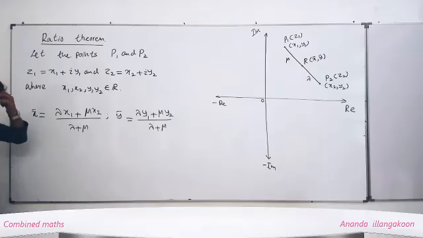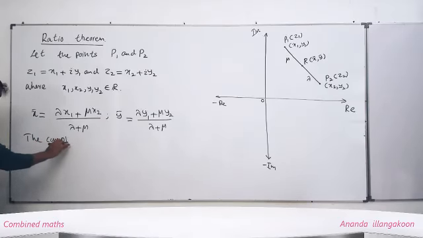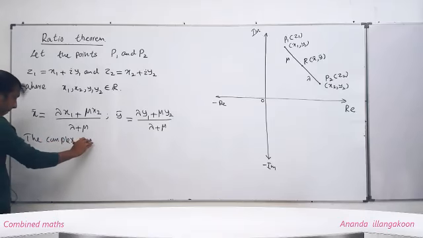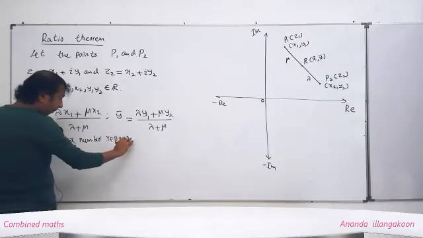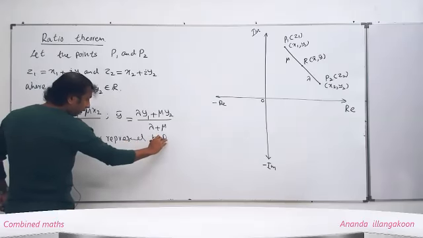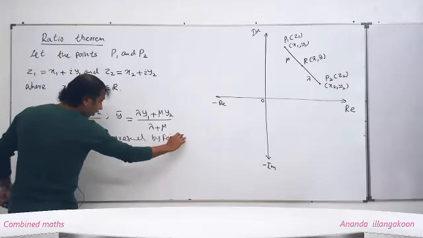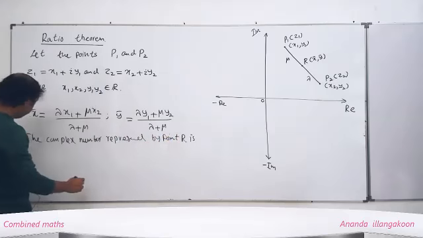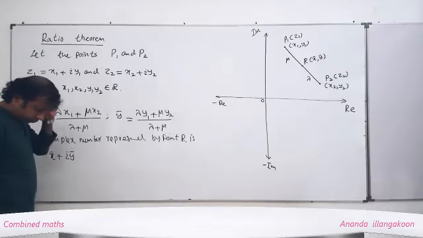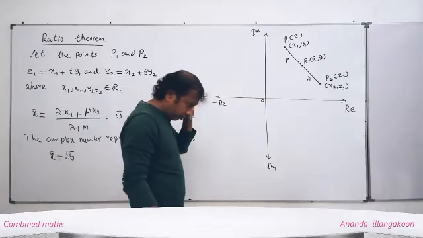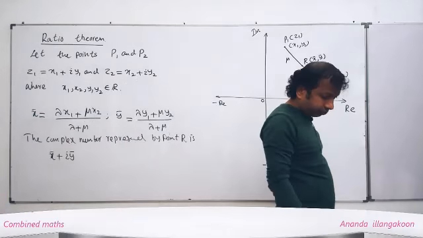Now you can write the complex number represented by the point capital R. The complex number represented by point capital R is x bar plus i y bar. Okay.